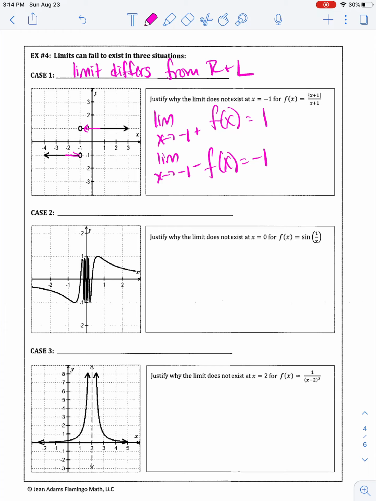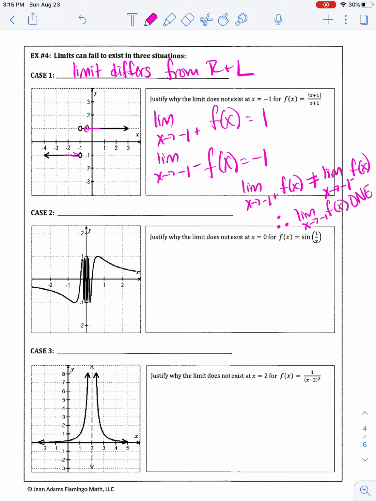Since these 2 things don't equal, we would say the limit as x approaches -1 from the right of f of x does not equal the limit as x approaches -1 from the left. Therefore, the limit as x approaches -1 of f of x does not exist.